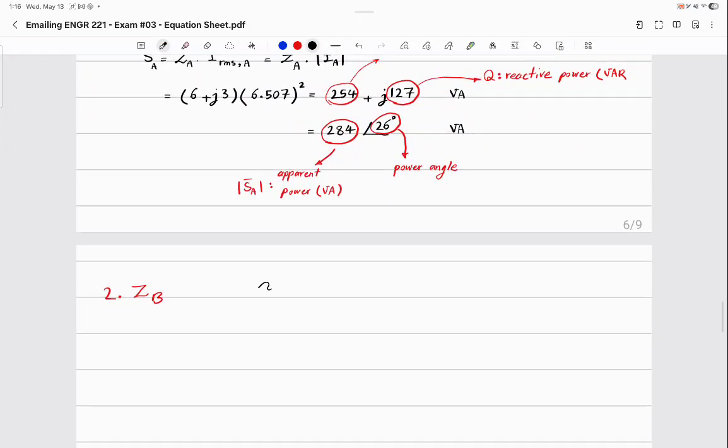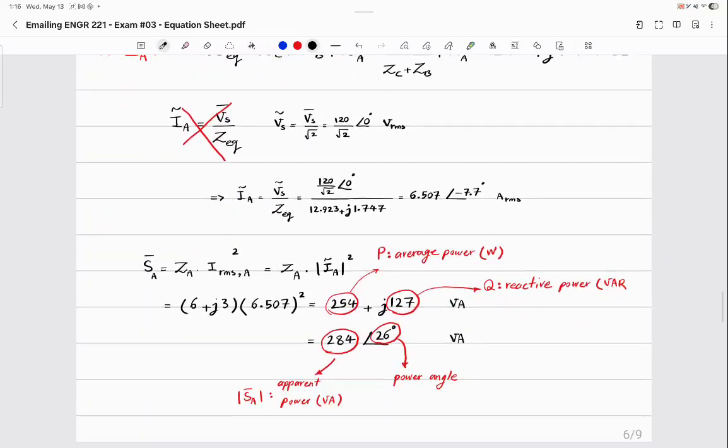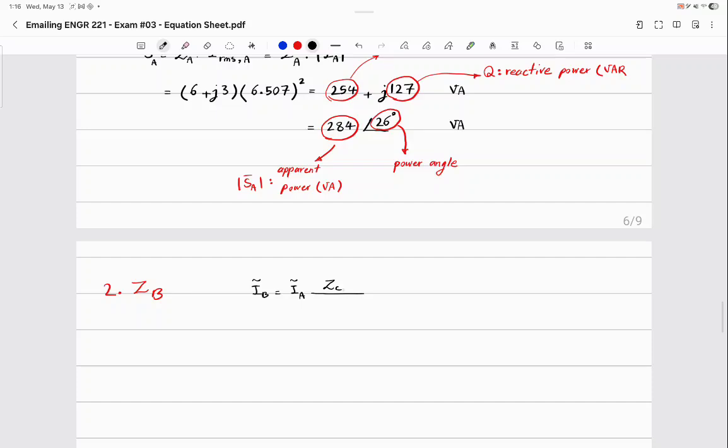Let's do current division. I should write ZC over ZB plus ZC. Okay? And this is what I have: 3.8 with the angle 23.7 degrees amps RMS.